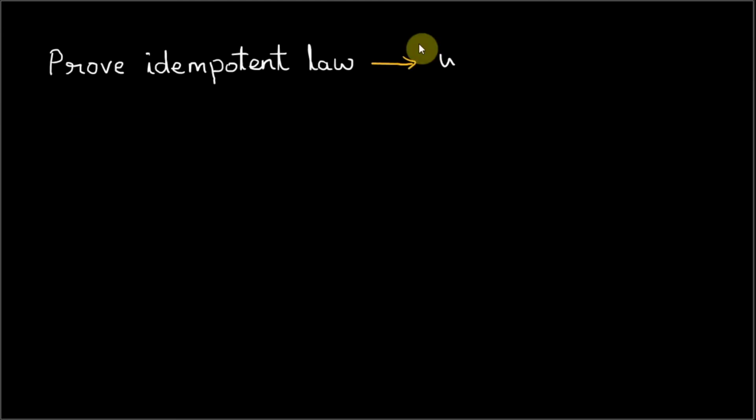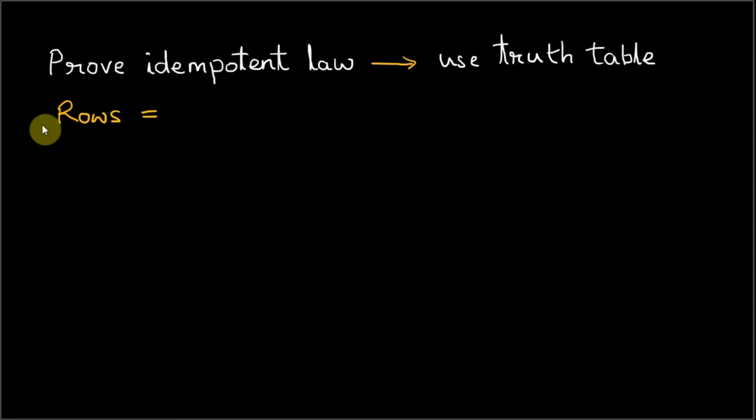To prove that the idempotent law is correct, we will construct the truth table. Since P is the only variable, the total number of rows in the truth table is going to be 2 raised to 1, which equals 2.